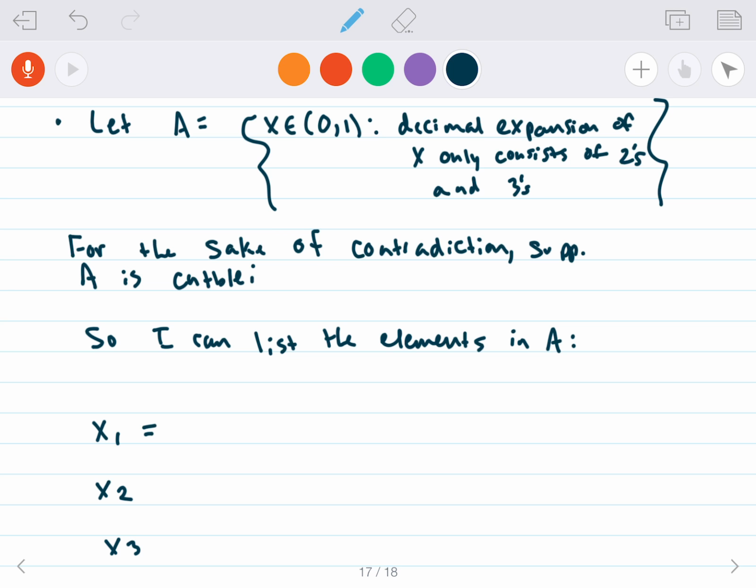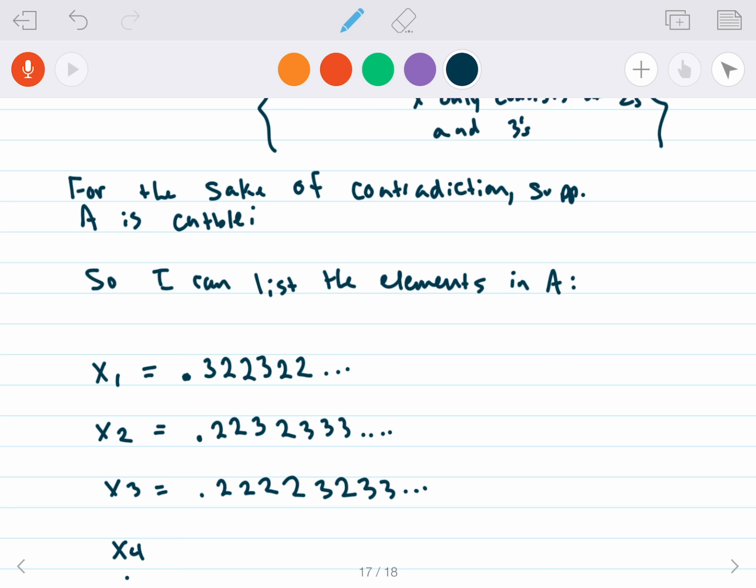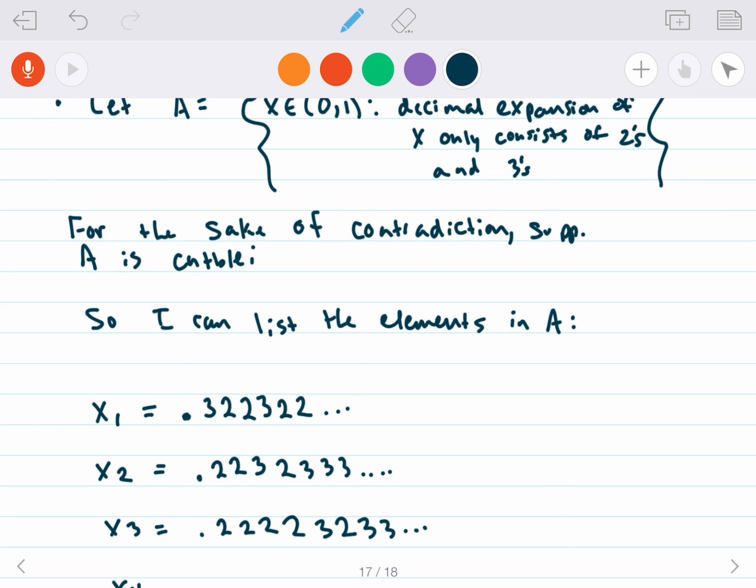Well, I don't know what x1 really looks like, but it's something like 0.3222322, just something with an expansion of only 3s and 2s. And maybe the next one is something like 0.2232333. Maybe the next one is something like this. Who knows?